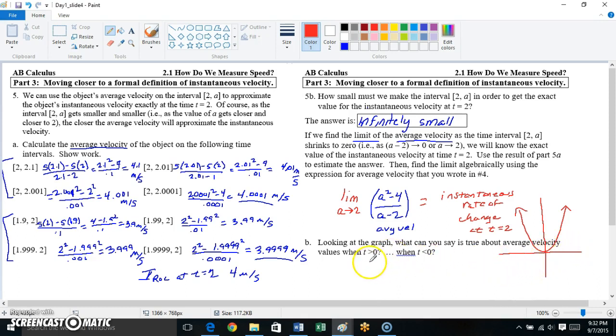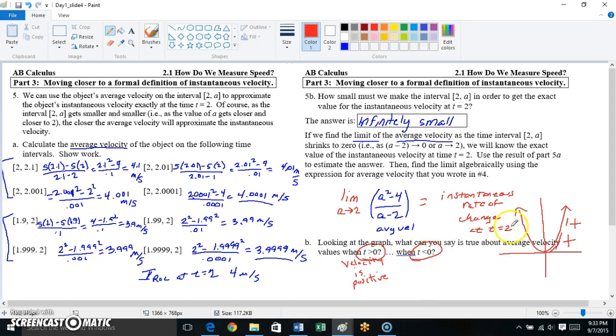When t is greater than 0, what can you say about the average velocity values? What can you say about the slopes along this curve? They're all positive slopes. So we can say that velocity is positive.